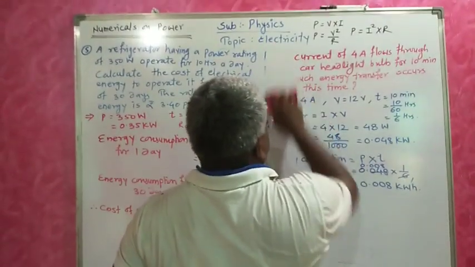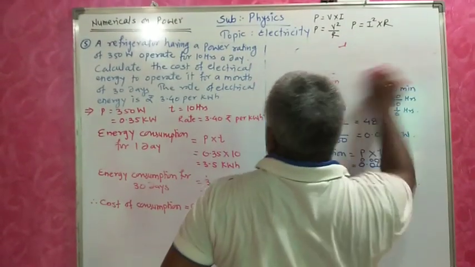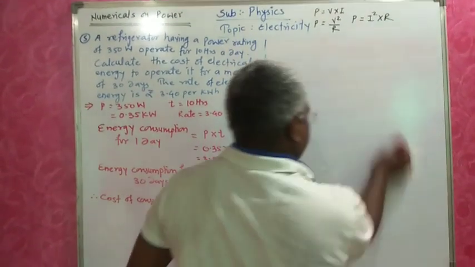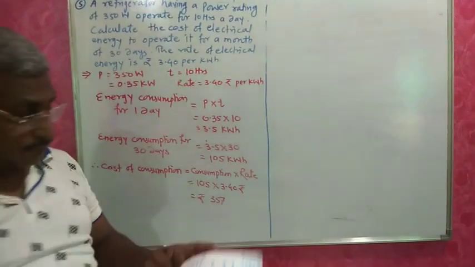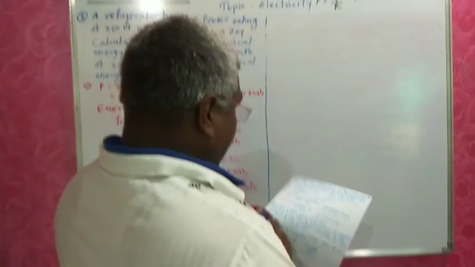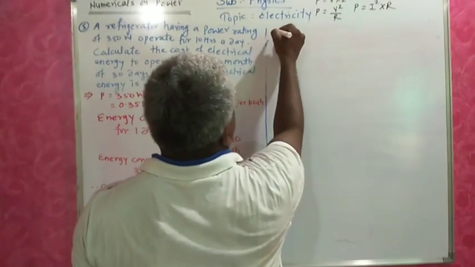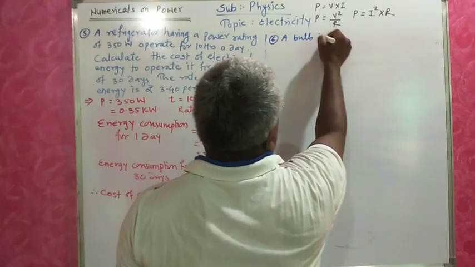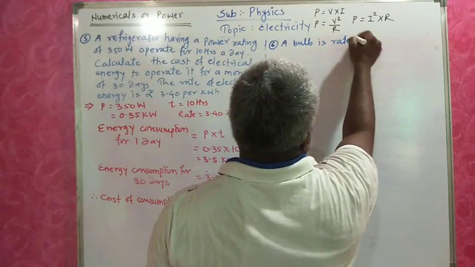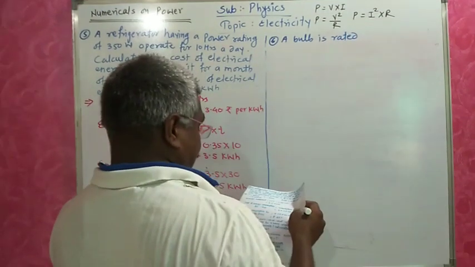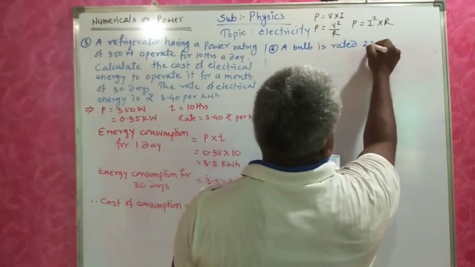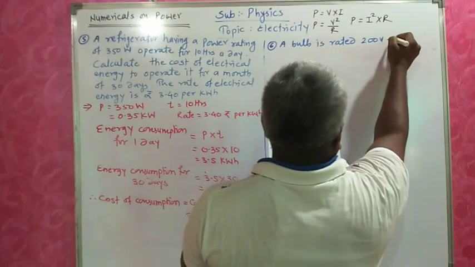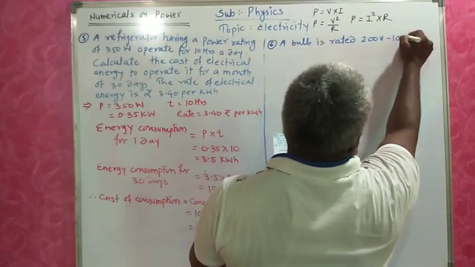So, sixth question. A bulb is rated 220 volt, 100 watt.